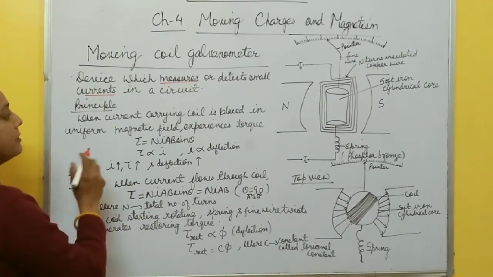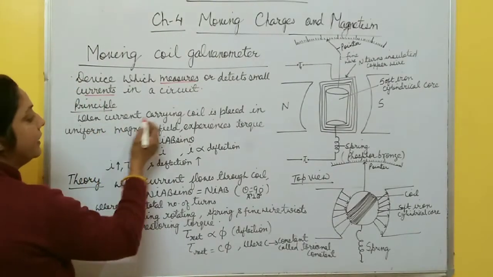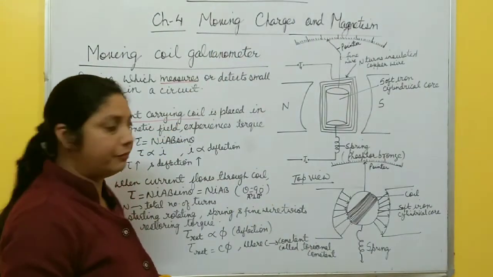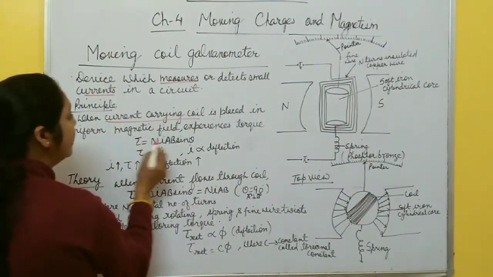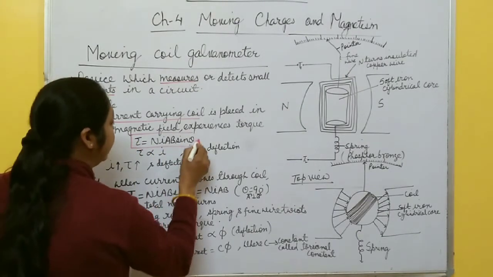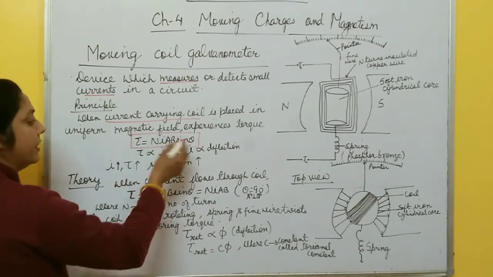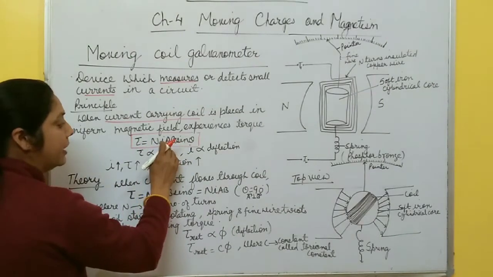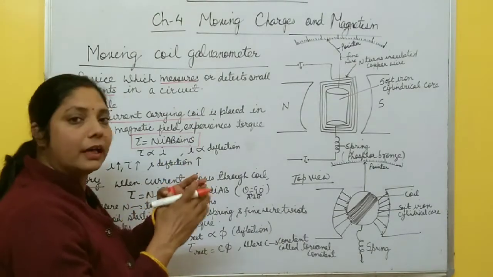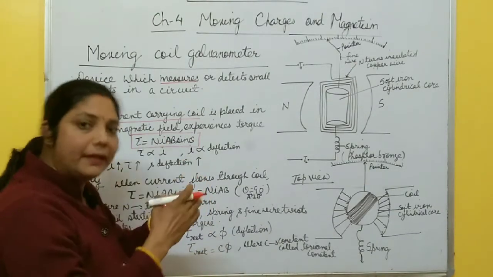On which principle is it based? It is based on the principle that when a current carrying coil is placed in a uniform magnetic field, then it experiences some torque, and that torque is given by tau equal to NIAB sine theta, where theta is the angle between the area vector and magnetic field. Here the area vector and magnetic field are always perpendicular to each other.